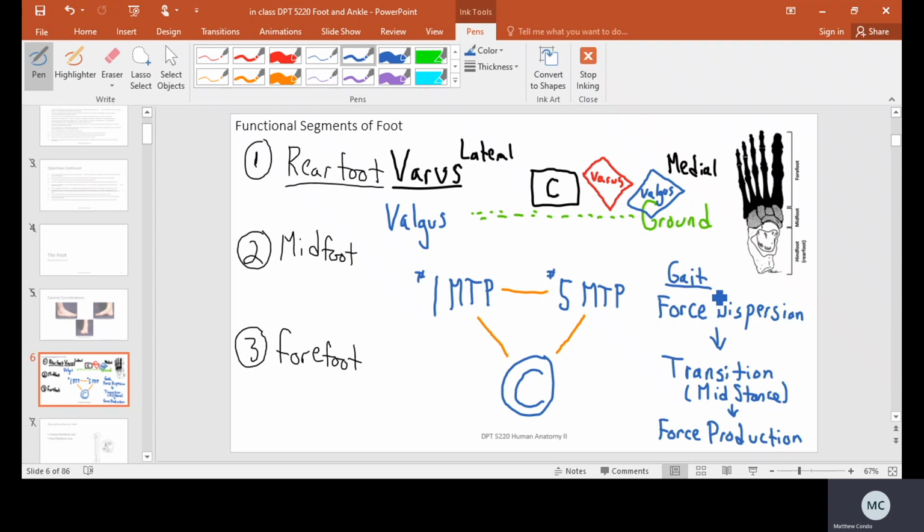When I perform rear foot valgus, that creates a more flexible surface. A more flexible surface is going to be better at dispersing force. And this is going to become very important when you start diagnosing folks like long distance runners, soccer players, things of that nature, who are doing a lot of work on their feet.